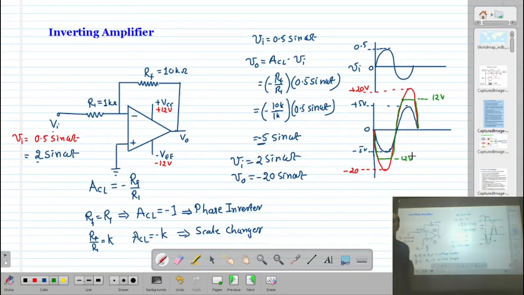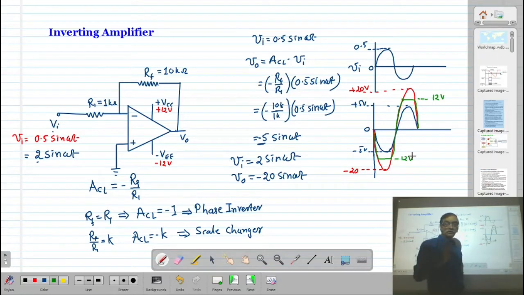So you will not get a sine wave. This indicates that if you apply a very large input voltage, and if the gain of the amplifier is very large, then in some cases you will get saturation of the output signal.